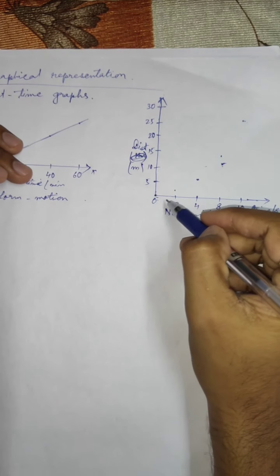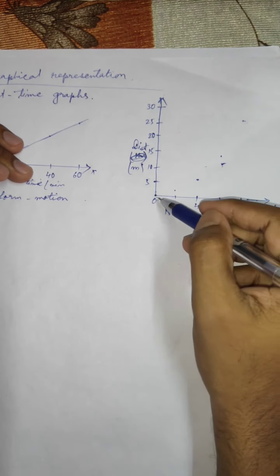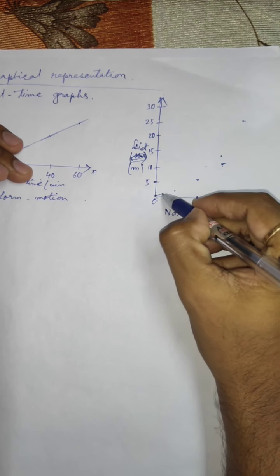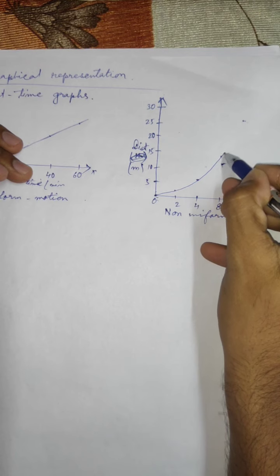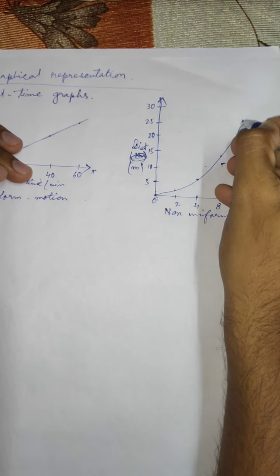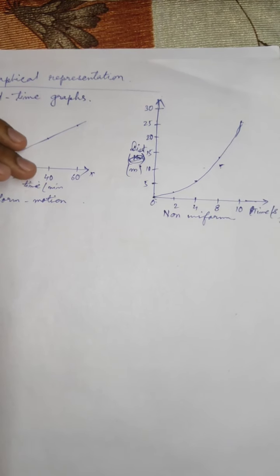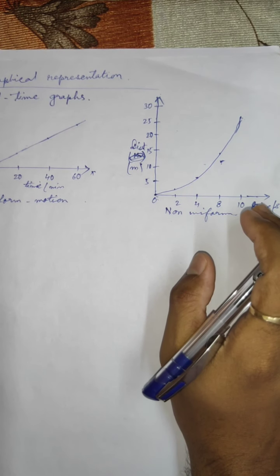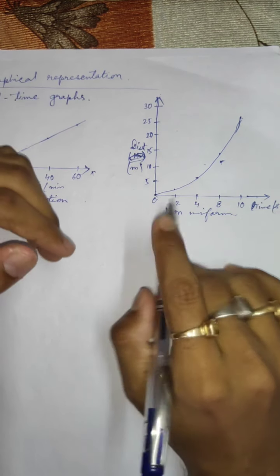Now see, when I join the points, this won't be a straight line. You see, it will be roughly a curve like this. So it is just showing the distance time graph in case of non-uniform motion.